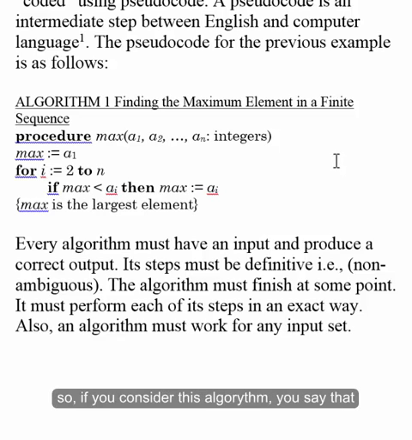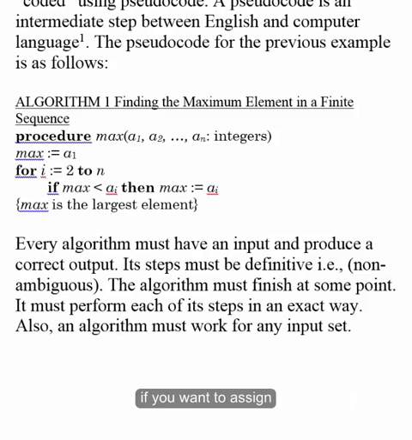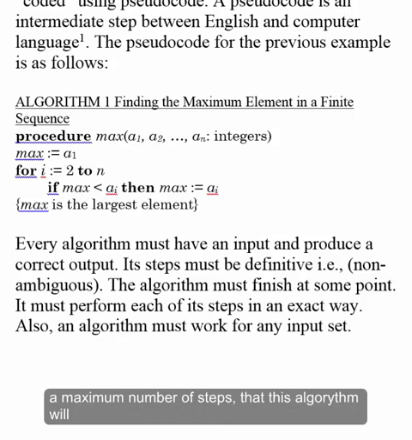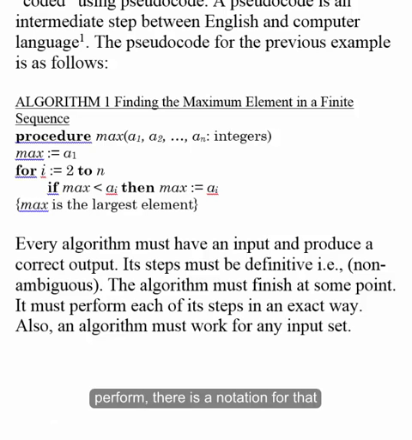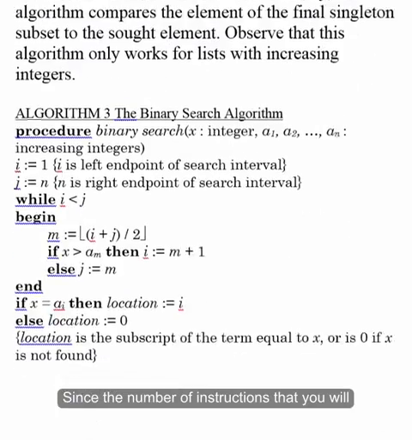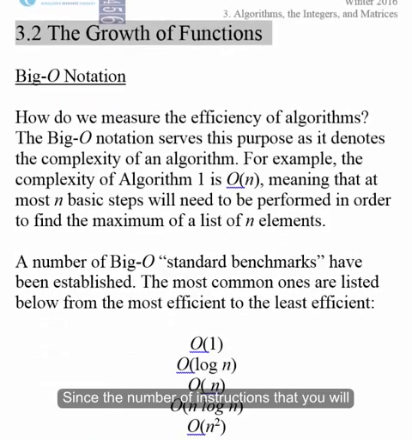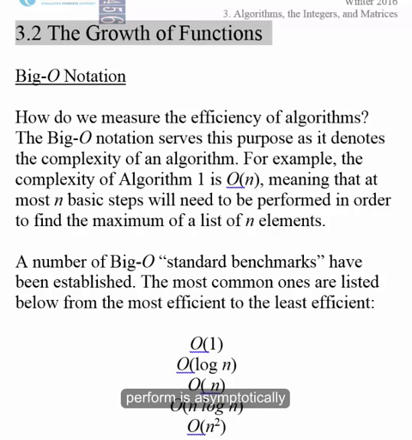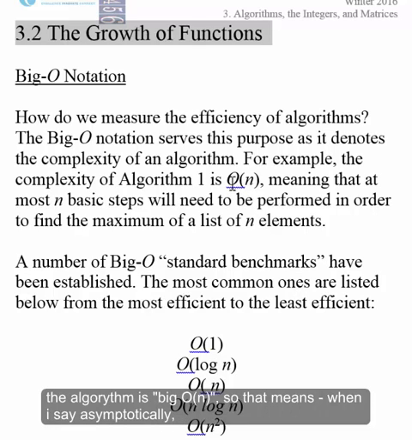If you consider this algorithm, and you want to assign a maximum number of steps that this algorithm will perform, there is a notation for that. Since the number of instructions that you will perform is asymptotically the same as the input size, then we say that the algorithm is big O of n.